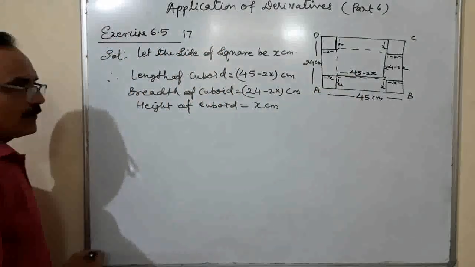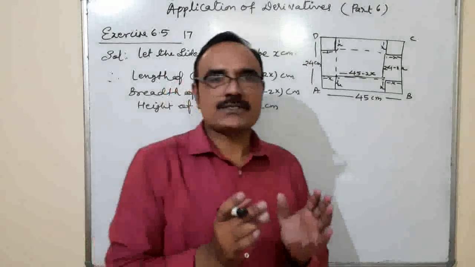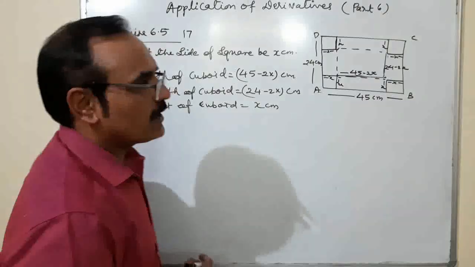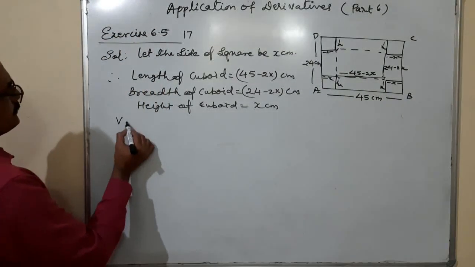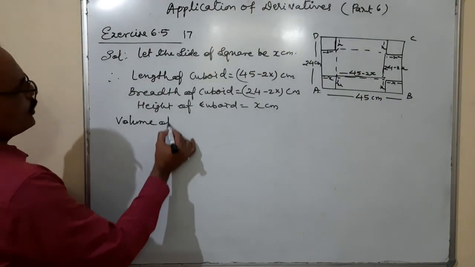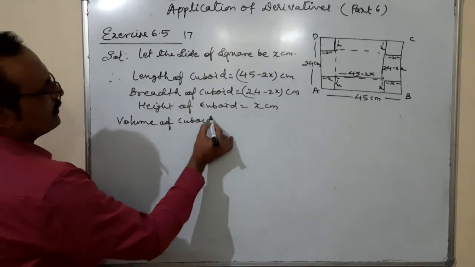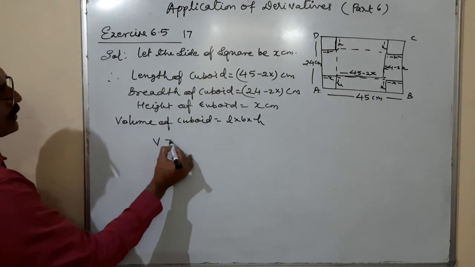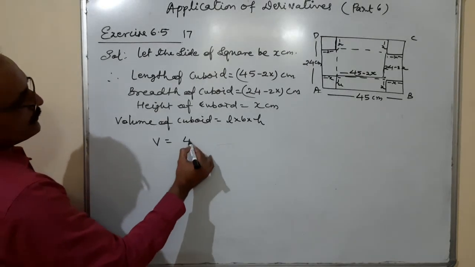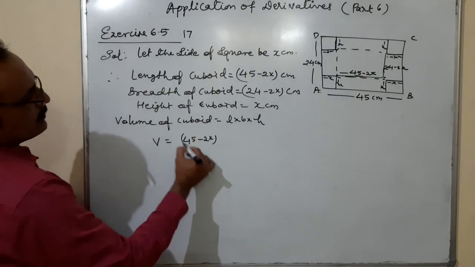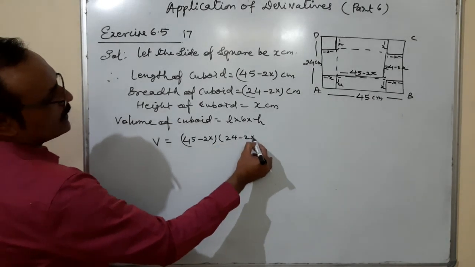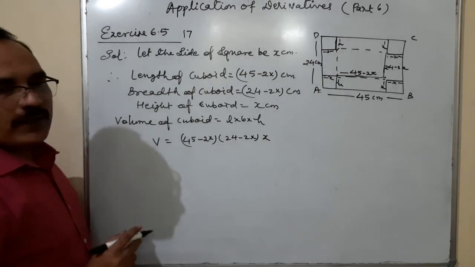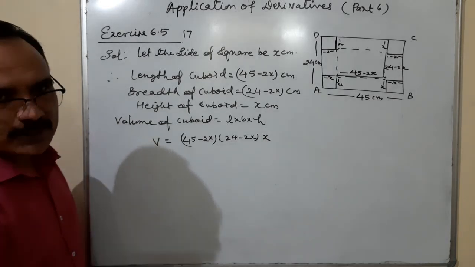Okay, we are going to find the maximum possible volume of the cuboid. What is the formula? Volume of cuboid is equal to L into B into H. So V is equal to length 45 minus 2x, breadth 24 minus 2x, and height x. Only a single variable here, x. Because we are going to find the maximum possible volume, differentiate with respect to x.